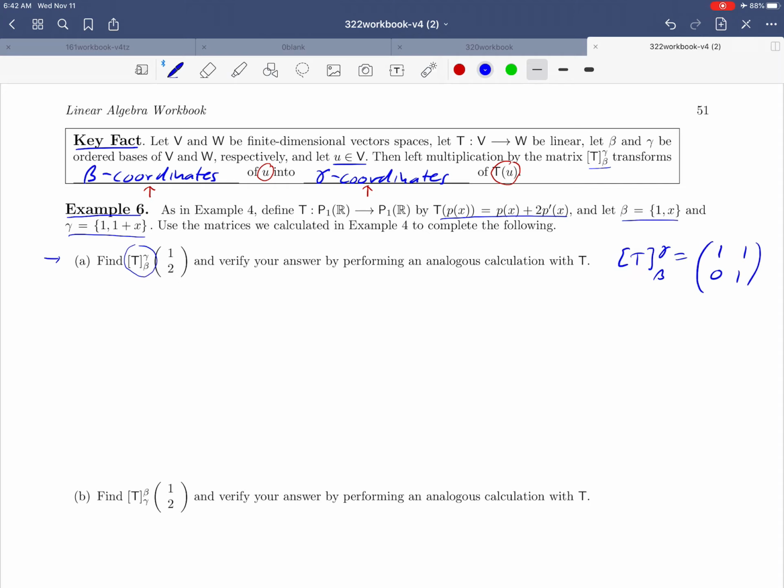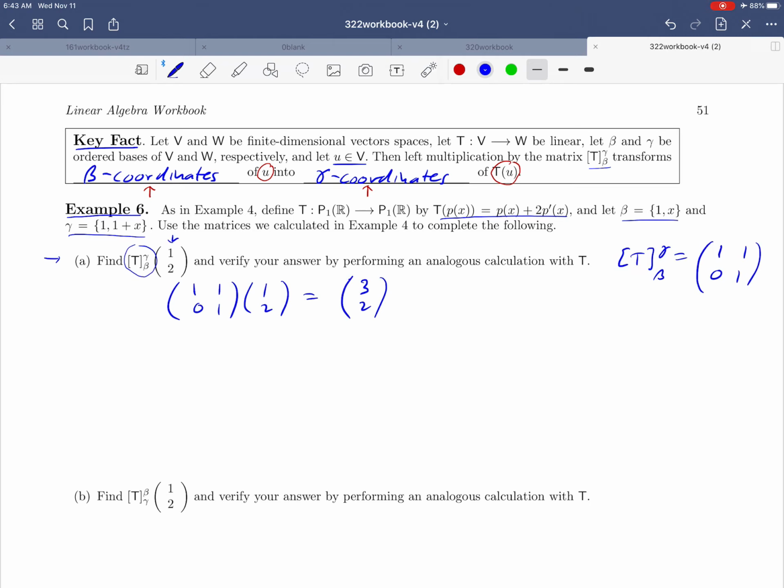You can page back and check me on that. What they'd like us to do is take that matrix and multiply it by this vector, 1, 2. That's simply matrix multiplication, and if you do that, you can check me, we're going to get 3, 2.